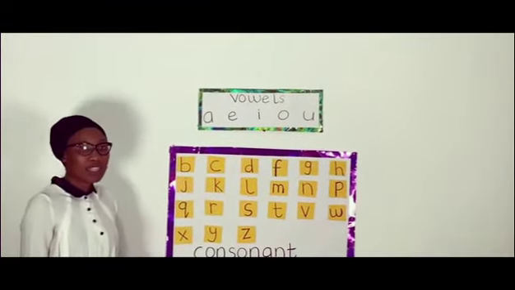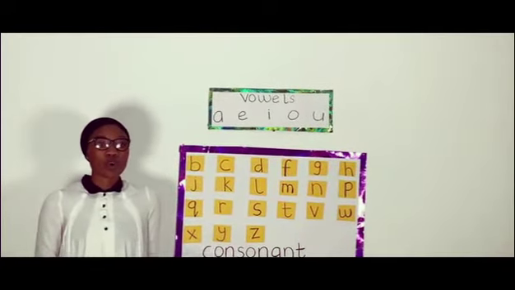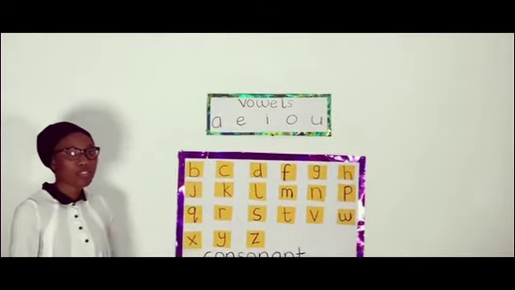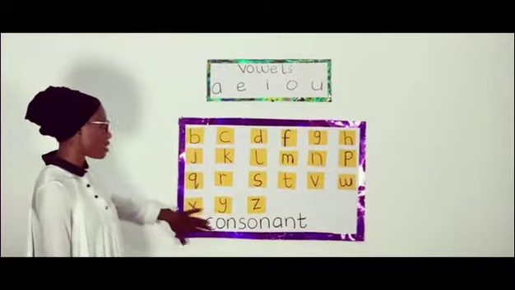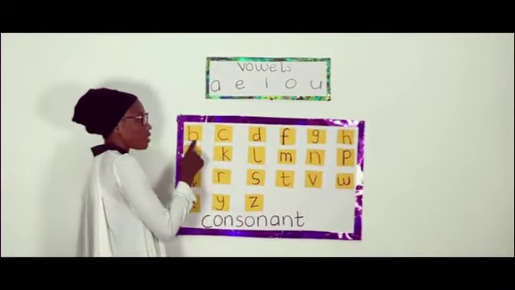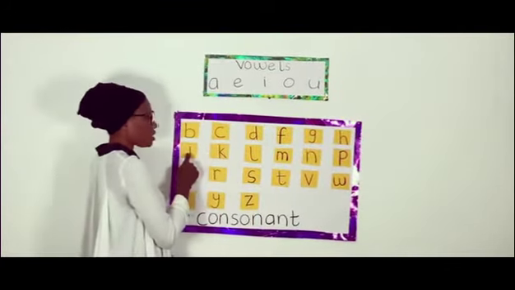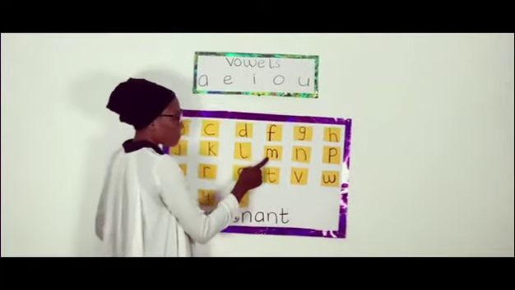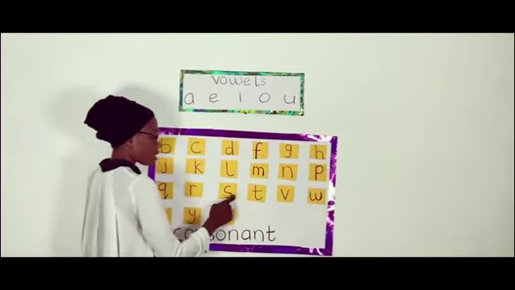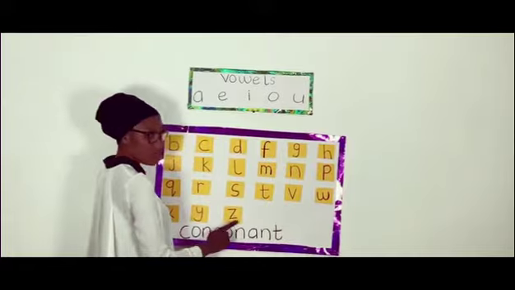After identifying the vowels, we are going to identify the consonants. So the alphabet, after sorting the vowels, the rest of the letter sounds are the consonants. So what are the consonants? The consonants are b, c, d, f, g, h, j, k, l, m, n, p, q, r, s, t, v, w, x, y, z.